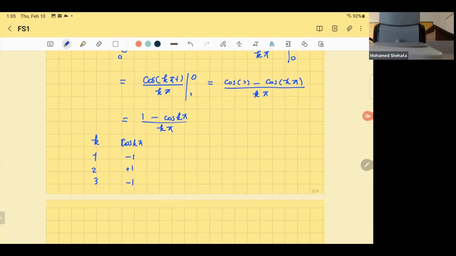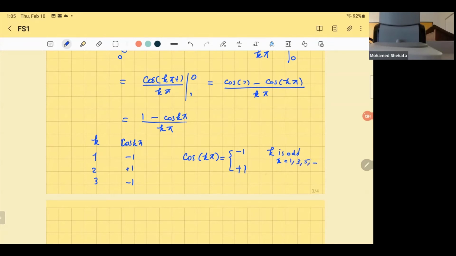So when k is odd, this one is negative 1, right? So we can say that cosine k pi is either negative 1 or positive 1. Negative 1 if k is odd. What does it mean? If k equal 1, 3, 5, and so on.